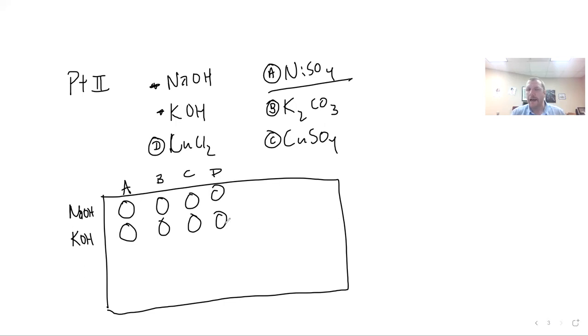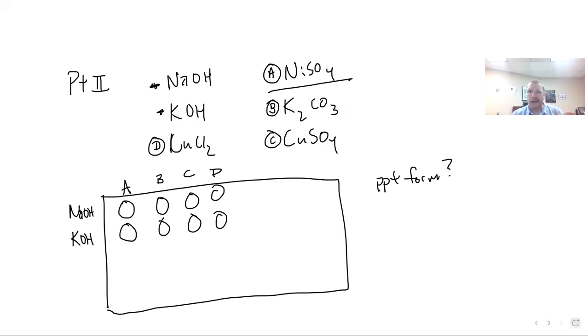Now, what you're going to ask yourself after you've mixed these 2 solutions, which you really don't need much more than 1 milliliter, is, does a precipitate form? And a follow-up to that is, what is that precipitate? Okay, now what's important to recognize about all of these solutions is that they are all aqueous solutions.